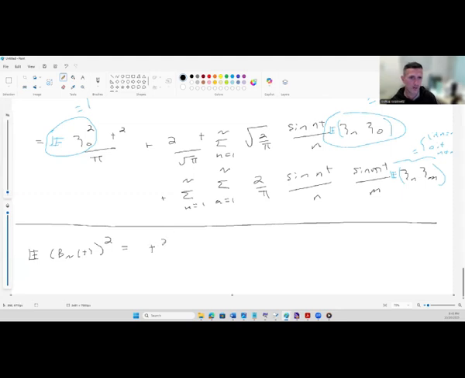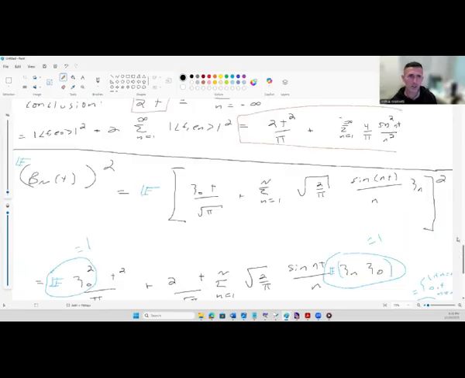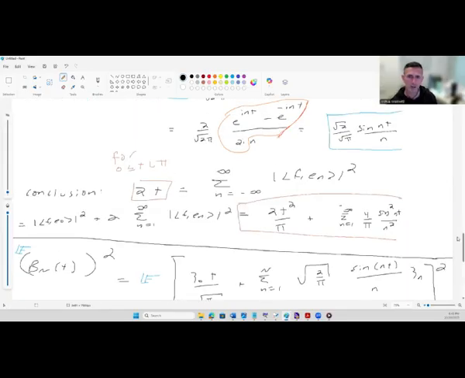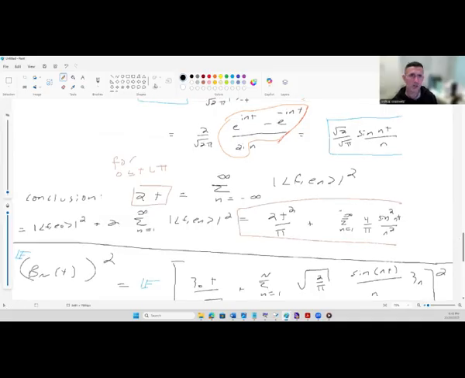So t squared. Actually, one thing I want to do, I've done this before: I'll just divide everything by 2. So that 2 goes away, this 2 goes away, and this becomes the 2. So we'll see we get exactly this.